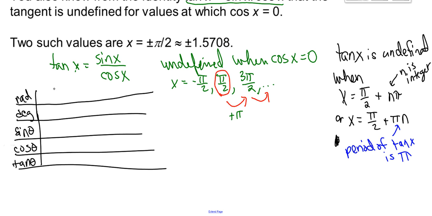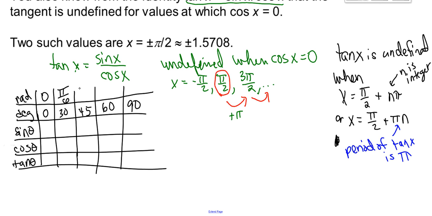I didn't really want to make the whole table, but maybe I just will. 0, 30, 45, 60, and 90 are the angles in degrees. 0, pi over 6, pi over 4, pi over 3, and pi over 2. Sine: 0, 1/2, square root of 2 over 2, square root of 3 over 2, and 1. Cosine: 1, square root of 3 over 2, square root of 2 over 2, 1/2, and 0. And then tangent, that's what we want to think about now. It's 0, the square root of 3 over 3, 1, the square root of 3, and undefined.